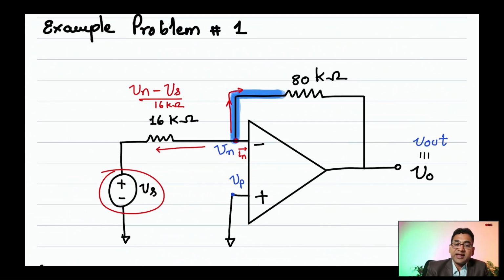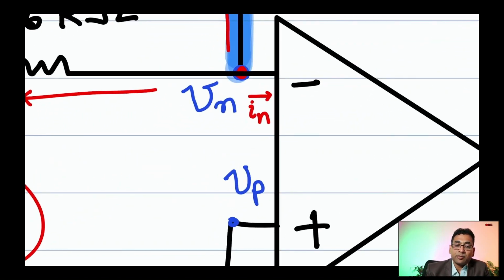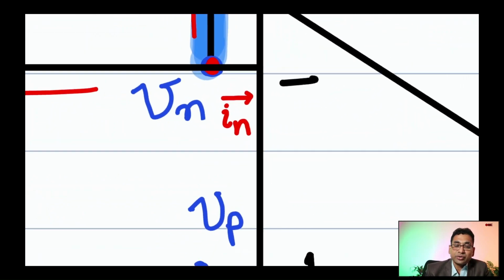That current would be Vn minus Vo, which is the voltage here. Vn minus Vo by 80 kilo ohms. That is the current flowing in this branch. And of course, there is a small IN shown here.